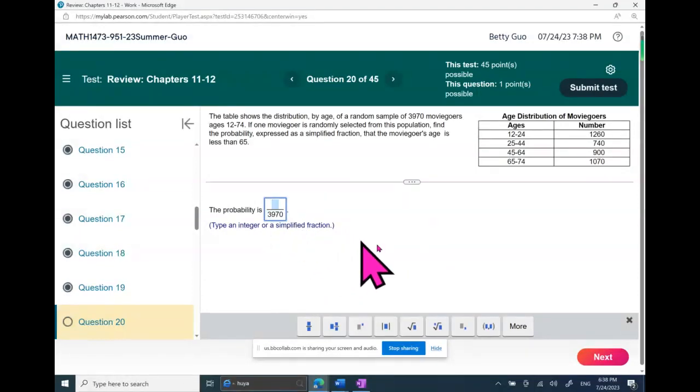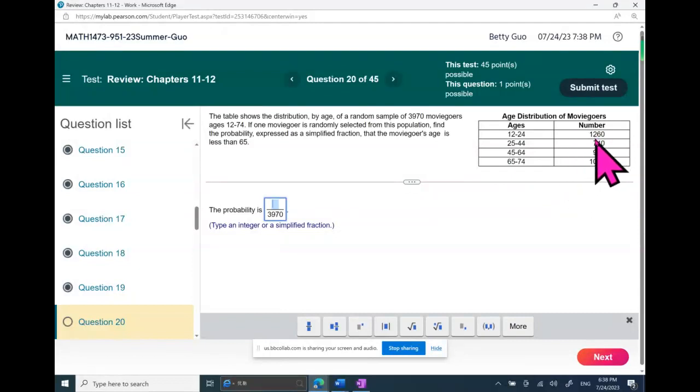Among those 3,970 people, how many of them are younger than 65? The last row, the last group, is equal to or older than 65, right? All others are younger.